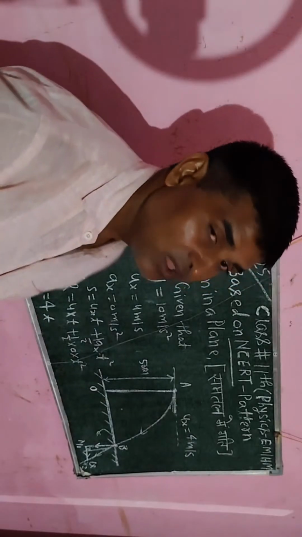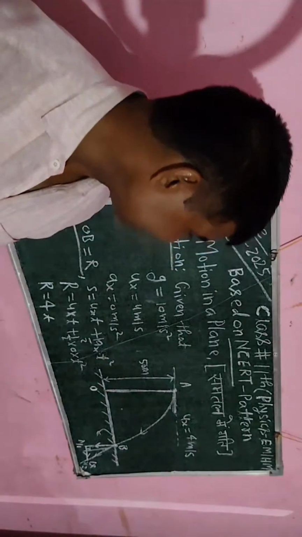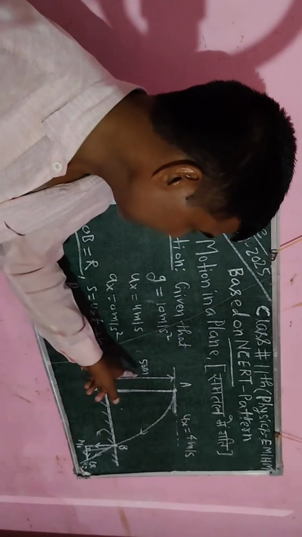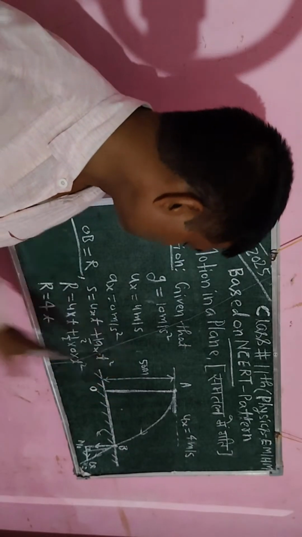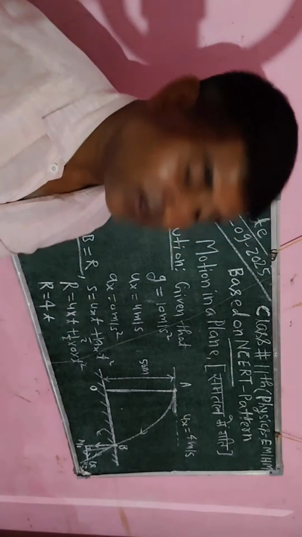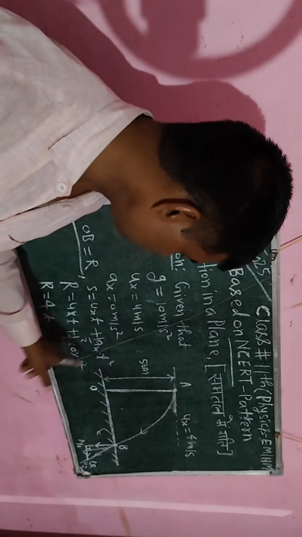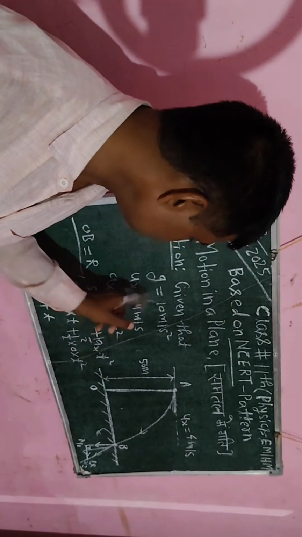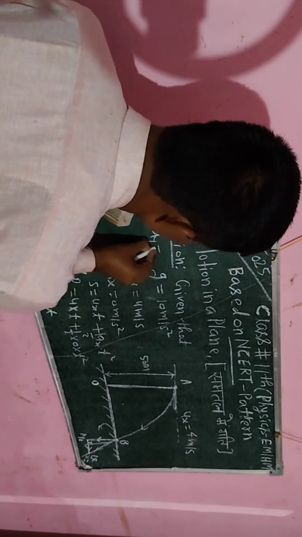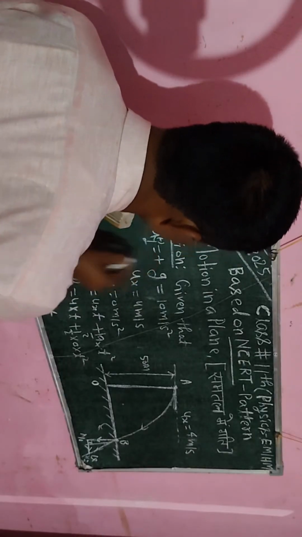So we have to use again the second equation of motion to calculate the time t, because if height is given, I will use this formula s is equal to ut plus half at square. When the object is coming downward, the value of acceleration, in other words ay, is equal to plus g, because ay is taken negative above.